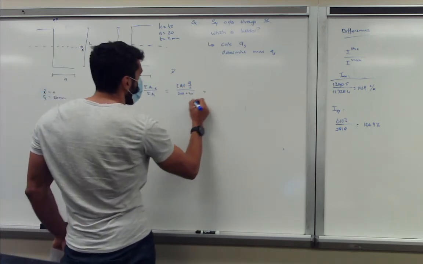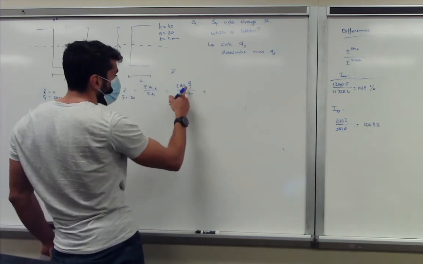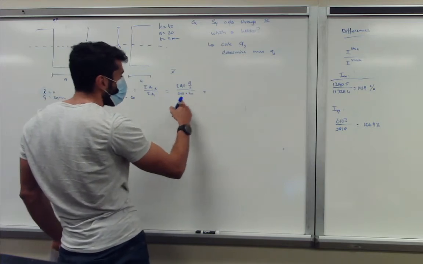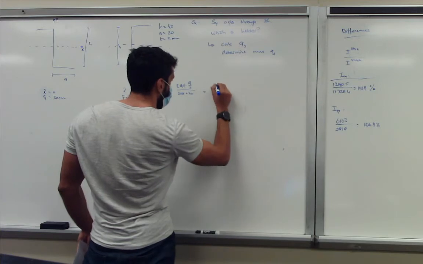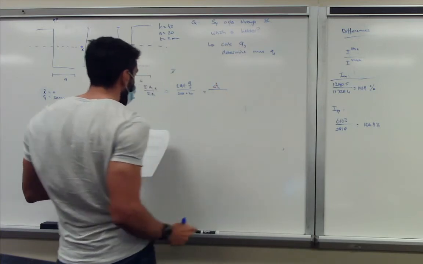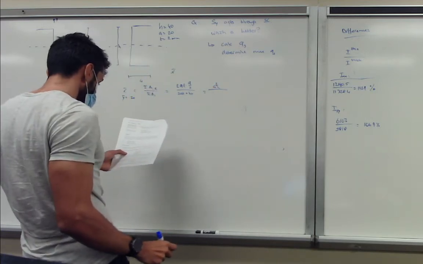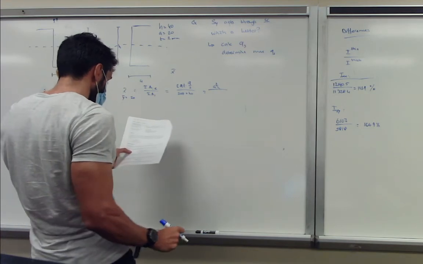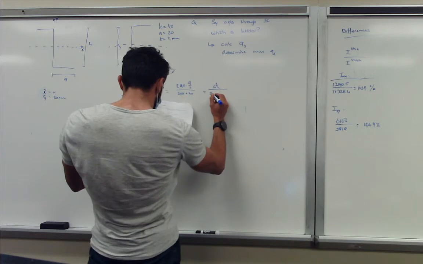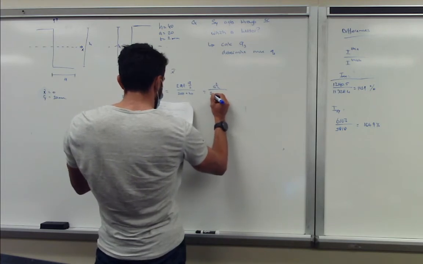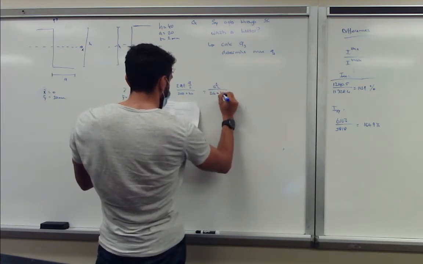So the 2's drop, the t drops, so we get a squared over 2a plus h.